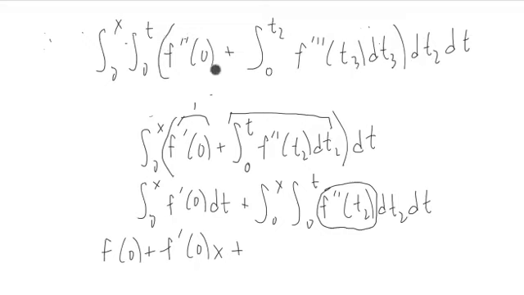Now, what's going to happen right here? Notice we're taking antiderivative with respect to t2 and then to t. And our bounds are changing from 0 to t to 0 to x. Now, when we take an antiderivative with the first one, we're going to get f double prime of 0 t2, because that's this one.